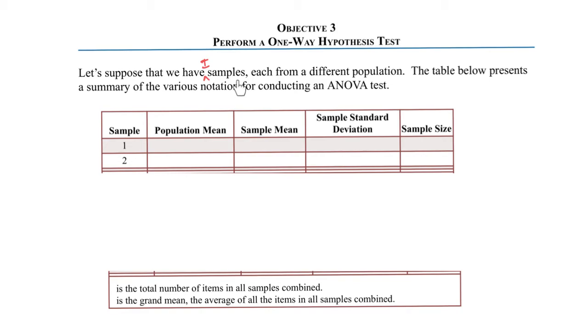Let's suppose that we have I samples, each from a different population. The table below represents a summary of various notation for conducting an ANOVA test. Since we have I samples, the samples will be 1, 2, 3 up to I. The population means will be mu1, mu2, mu3 up to mu I. The sample means will be x1 bar, x2 bar, x3 bar up to xI bar.